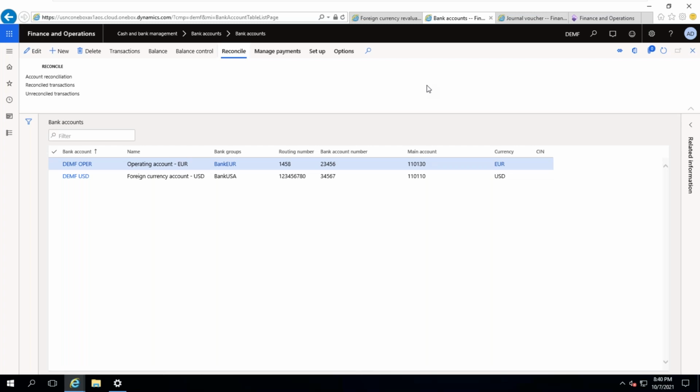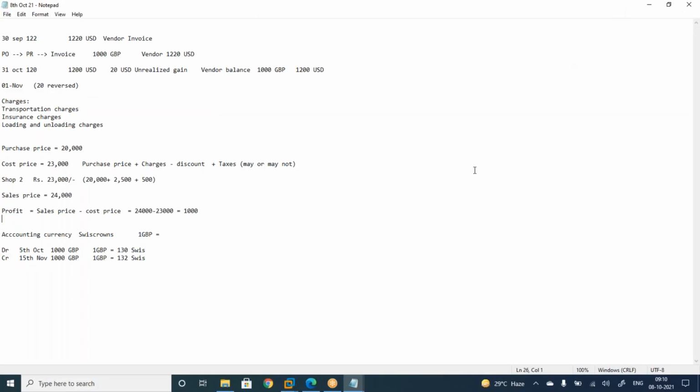Because it is business for abroad countries, then I need to maintain a US dollars bank account also if it is a software company. Make sense? Yes, sir. Got it. Thank you. Yeah, you're welcome.